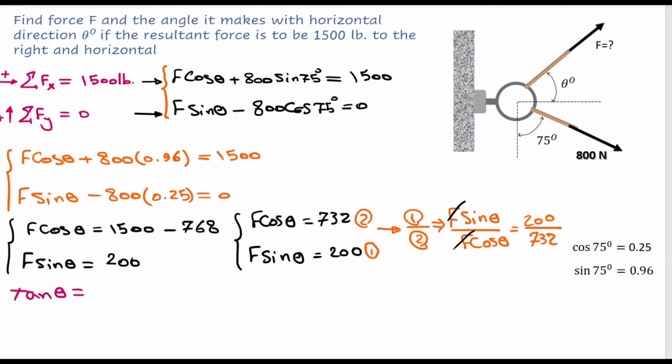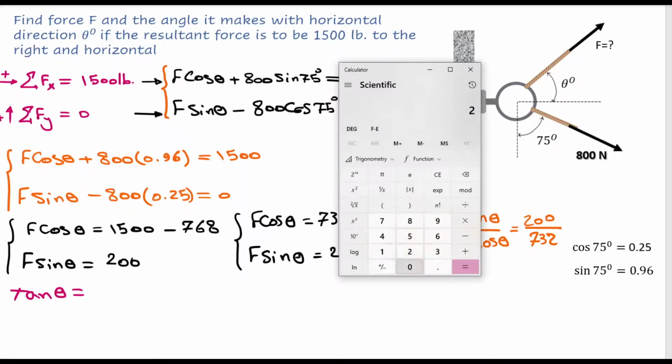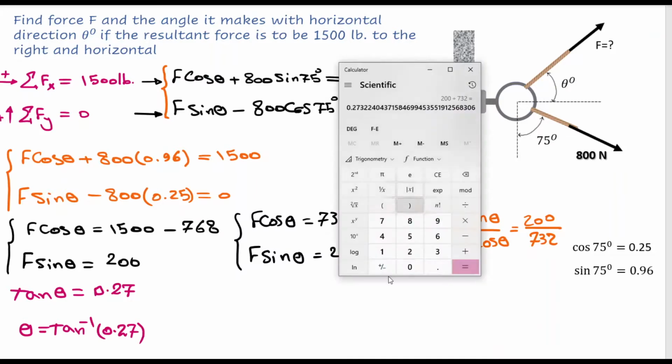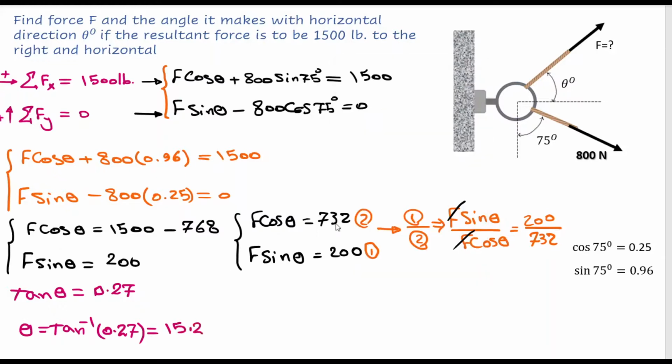That equals 200 divided by 732, which is giving me 0.27. It means theta is tangent inverse of 0.27. I can calculate it here. Tangent inverse of 0.27 gives me 15.28. So theta is 15.28 degree. This is the first part.